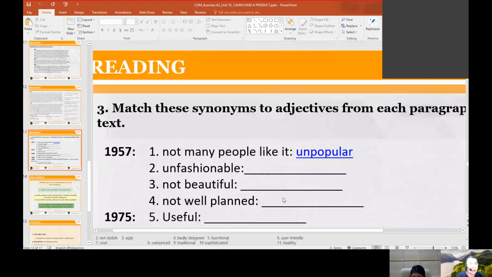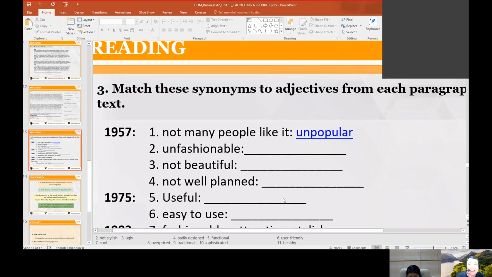Now, match the synonyms to adjectives from each paragraph of the text. When you say synonyms, it's the same meaning. So in the year 1957, not many people liked it, so it becomes unpopular.